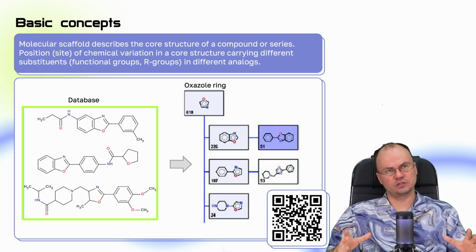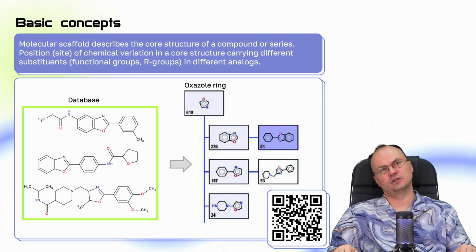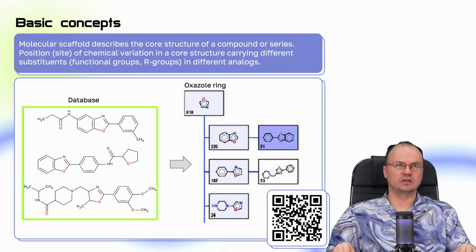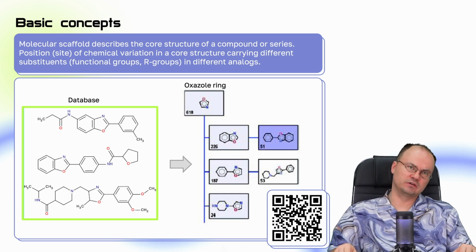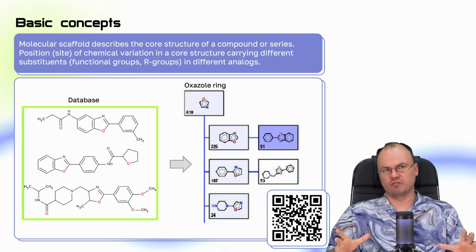These scaffolds are very important if we would like to screen very big chemical databases in order to find similar substances in terms of the molecular scaffolds. Sometimes these scaffolds are also useful if we try to modify the molecule.